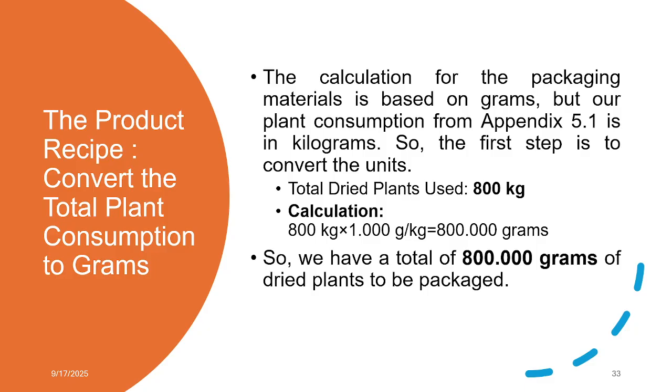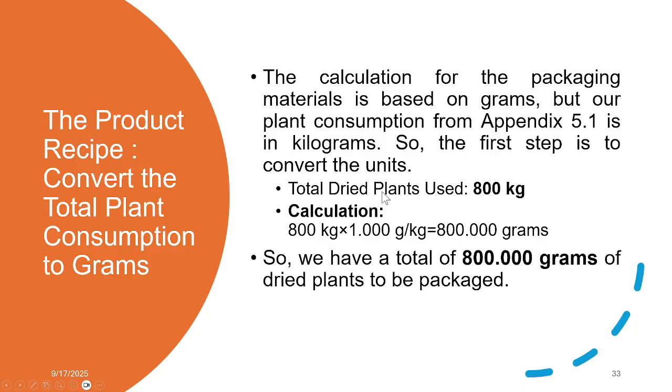In order to know how many bags to produce, we will convert the total plant consumption to grams. The calculation for the packaging material is based on grams, but our plant consumption from table 5.1 is in kilograms, so the first step is to convert the units.